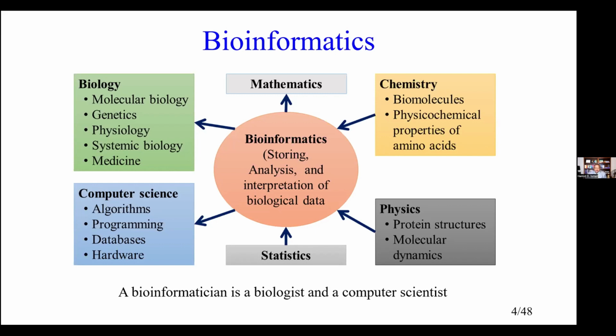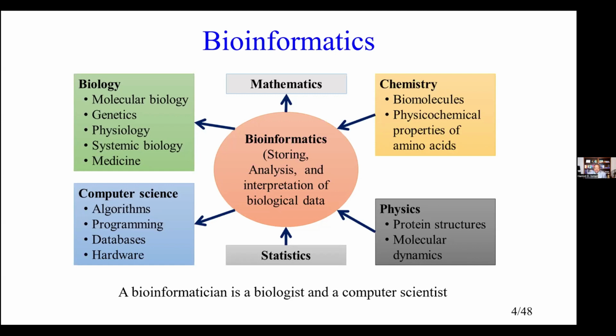And bioinformatics itself can combine other fields as well. Biology is the central field of science, but there are also other fields like computer science and mathematics, statistics, chemistry, physics, and any other fields that contribute to biological information and data analysis can be part of bioinformatics.